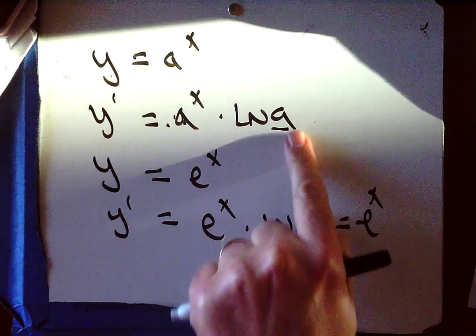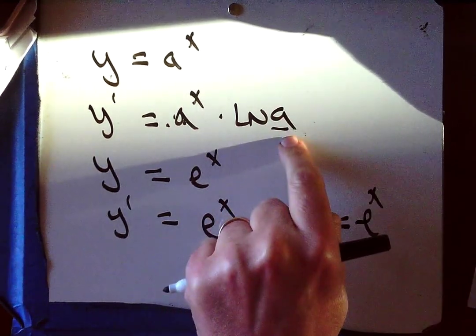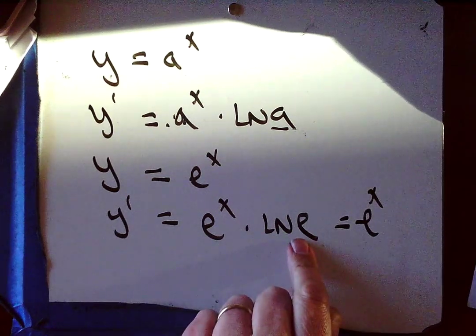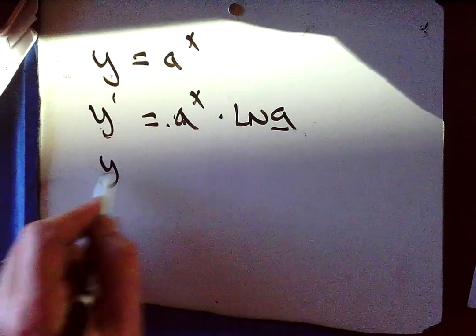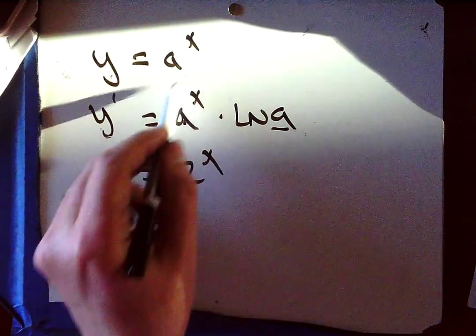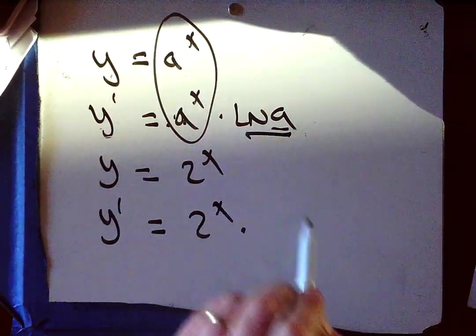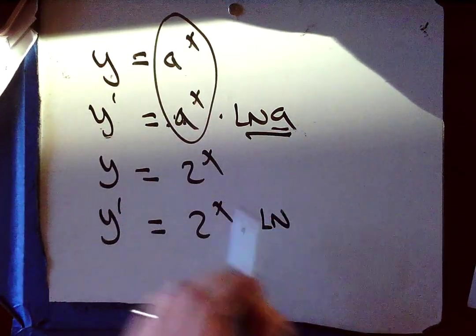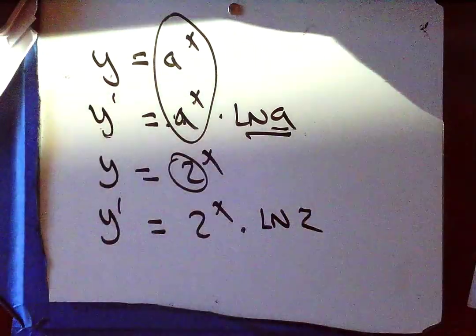Here's the general form, and yes, there is an ln of a, except in this case ln of e is 1, and so we don't really see it. But when we have something like y equals 2 to the x, y prime is going to be itself times the ln of the base. And our base here is 2, so we want ln of 2. Okay?